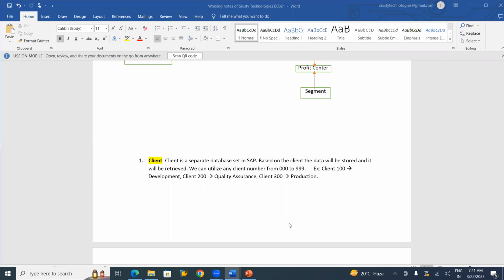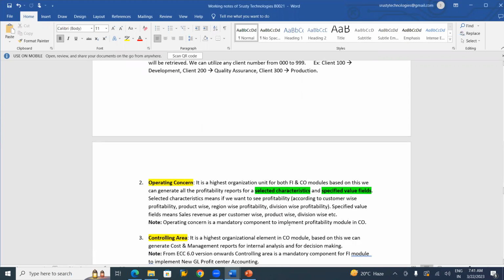Next, most important thing: operating concern. It is the highest organizational unit for both FI and CO modules.